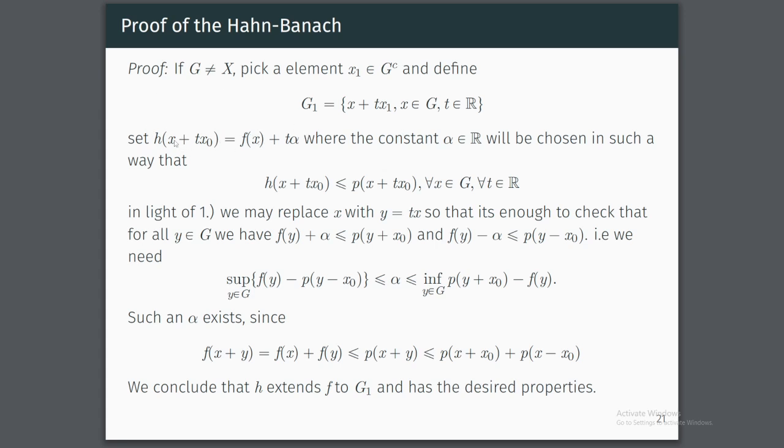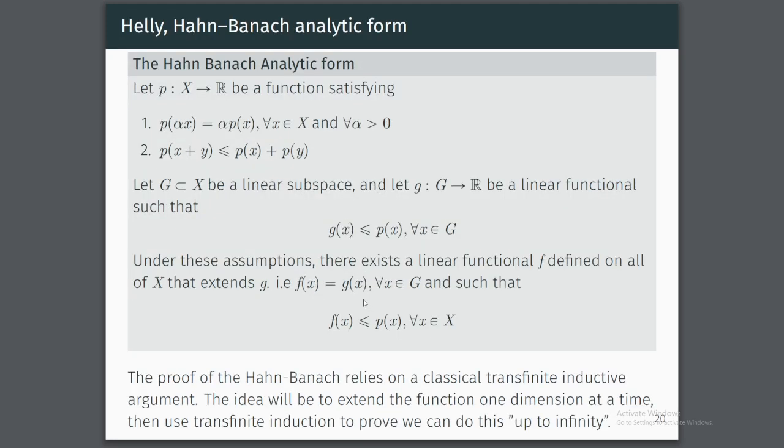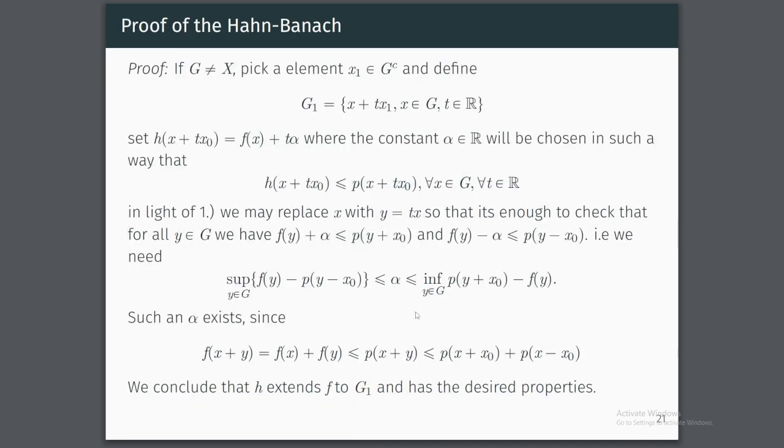So let's say we're trying to bound h of x plus tx0 for a moment. We want to be able to bound it by p of x plus tx0 because that's the goal of the extension, right? We want the extension to be bounded by p of x for every x in X. Okay? So this is what we want to achieve if h is going to be our extension. And notice it is going to be our extension because if an element is in G, then t is equal to 0 and h and f agree.